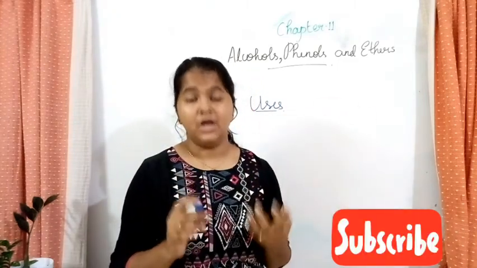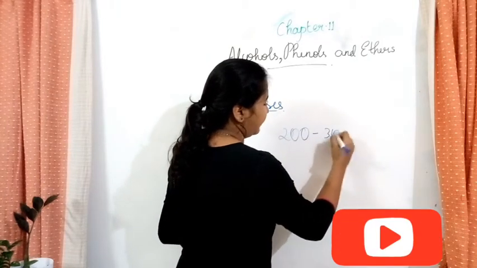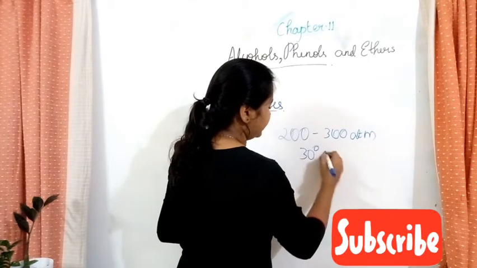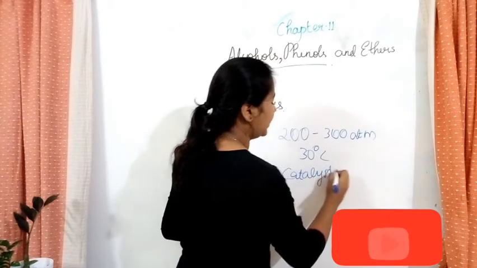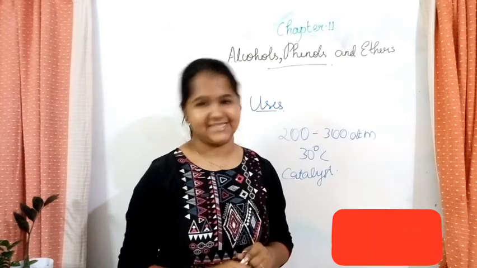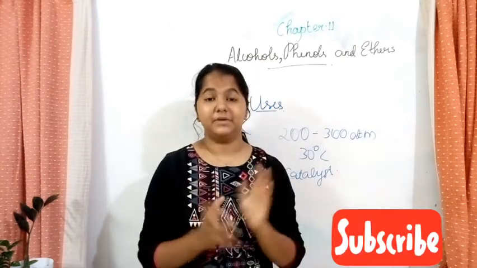What is the condition? The condition is 200 to 300 atmosphere pressure, 300 degrees Celsius, and a catalyst is required for the formation of what? Our ethanol from synthesis gas. Okay, I hope this is clear to you. This is to talk about the uses.